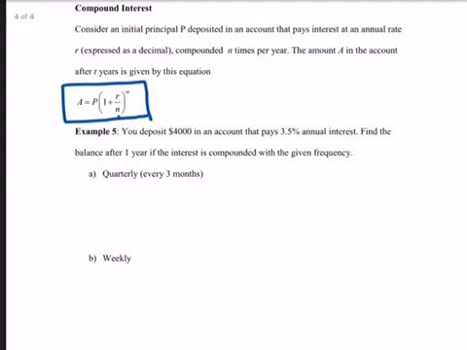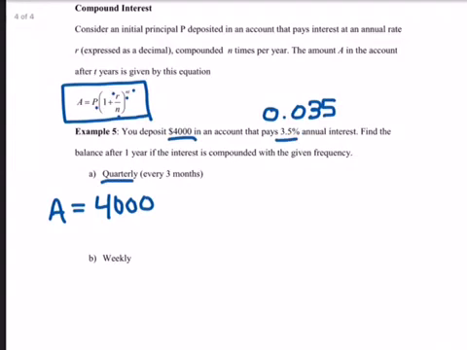Okay, so n is your number of times compounded, r is your rate, t is your time in years, and p is your principal amount. So if I deposit $4,000, that's my principal, into an account that pays 3.5%, so that's 0.035. Find the balance after 1 year if it's compounded, in this case, quarterly. That's every 3 months.